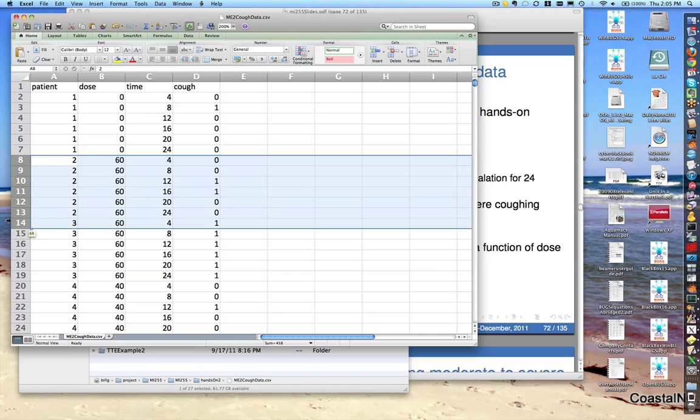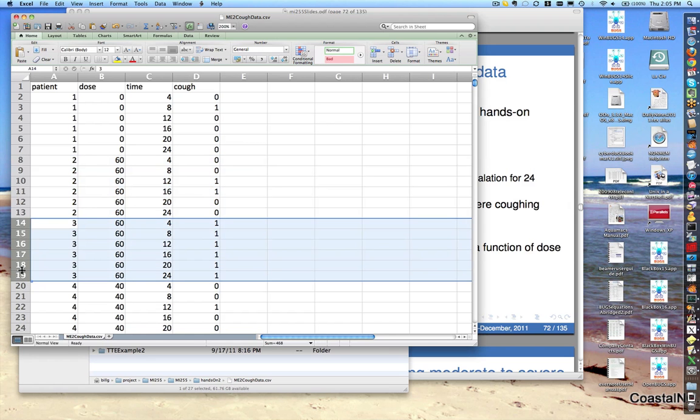Here we've got a patient on 60 milligrams per day, and they had a couple episodes sort of in the middle. Then you have another patient who can't seem to stop coughing, with coughing episodes during each one of the intervals.